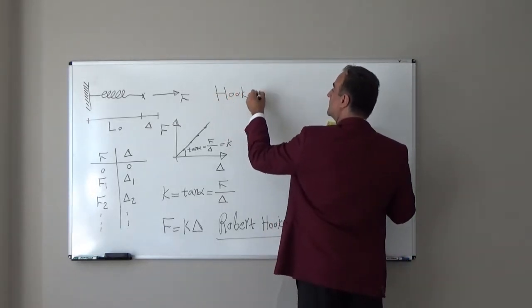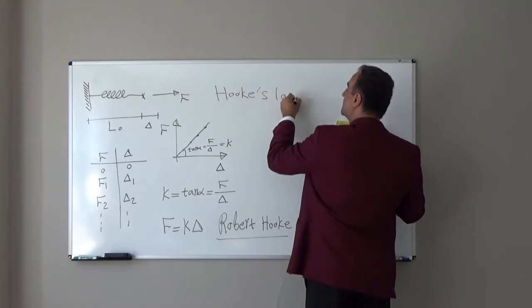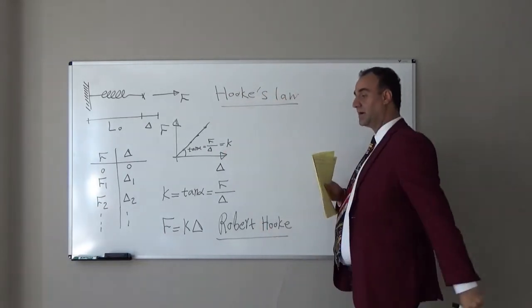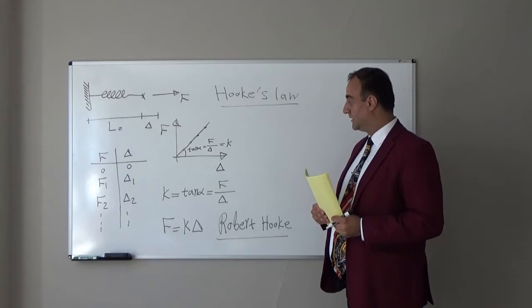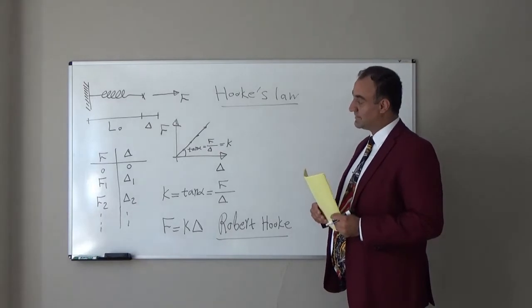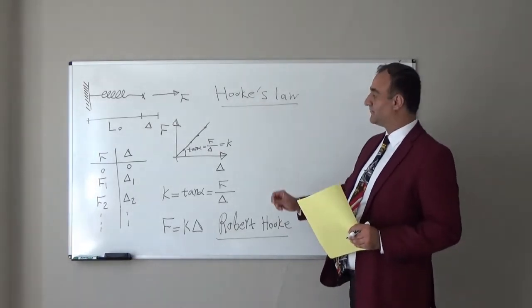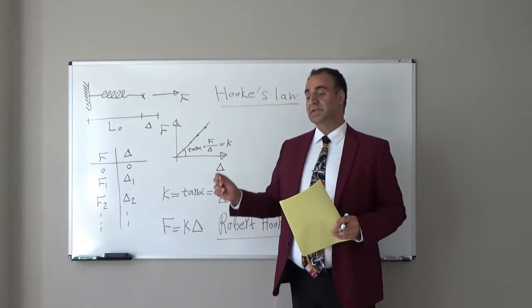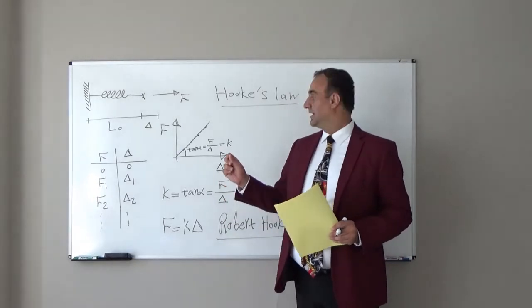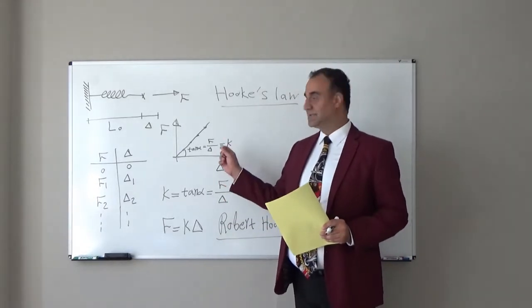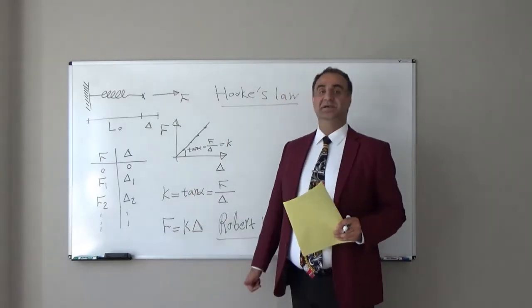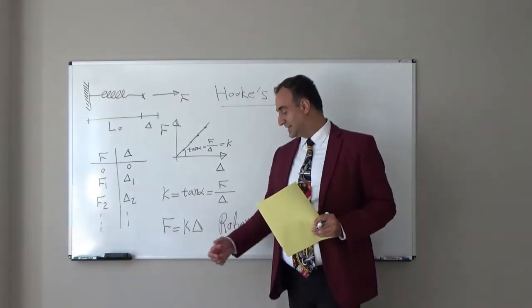Definitely you have heard about this Hooke's law. Hooke's law means in one linear spring, the force and deformation are proportional, and the proportionality constant is the stiffness of the spring. We show it with K.